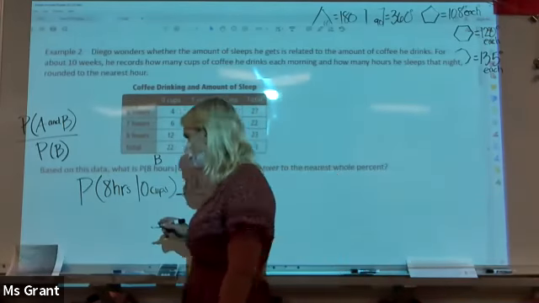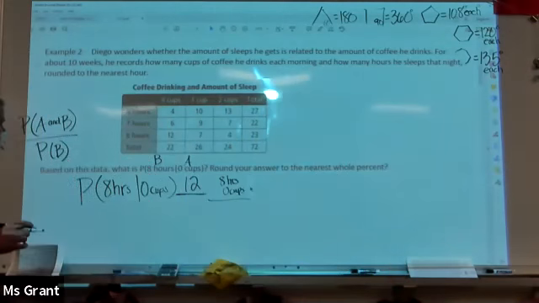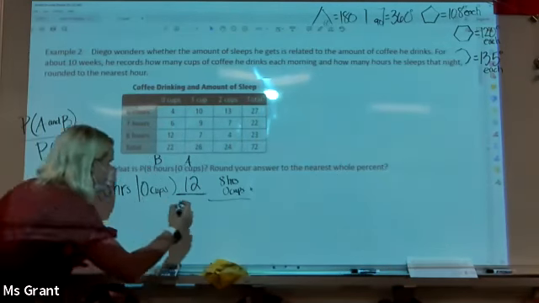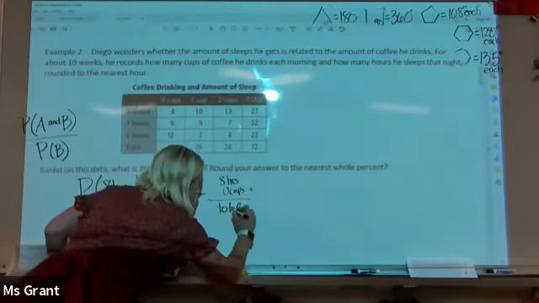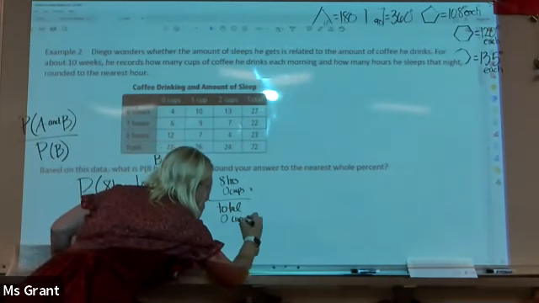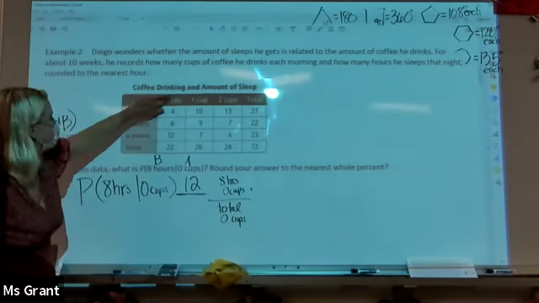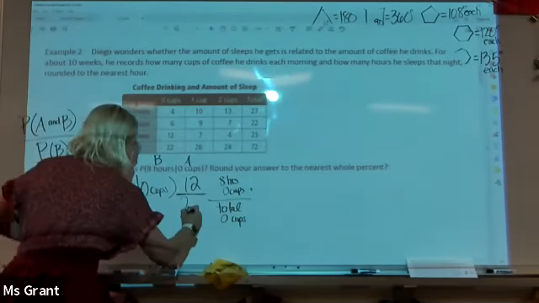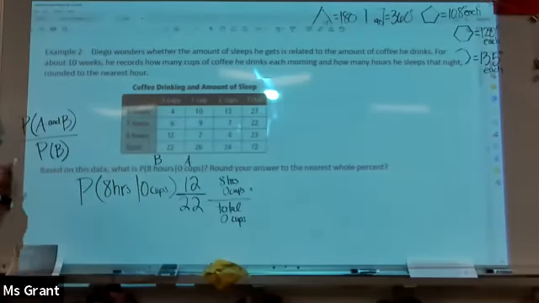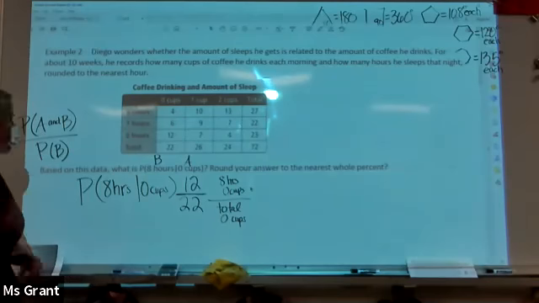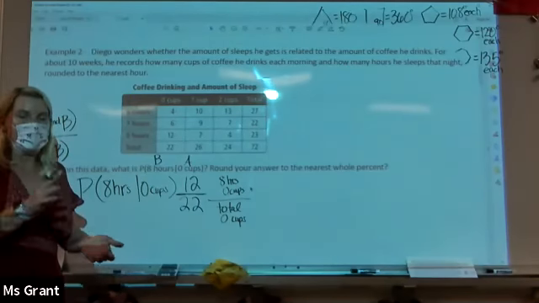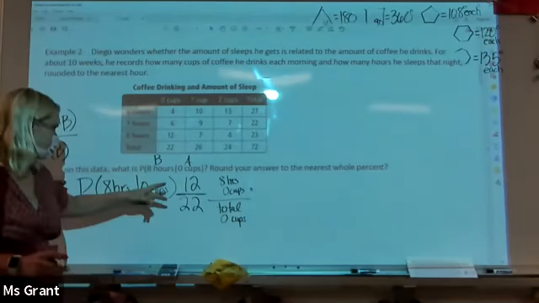Then the denominator is going to end up being the total 0 cups days. The total 0 cup days. Zero cup total 22. So he drank no coffee and he got 8 hours of sleep that night.